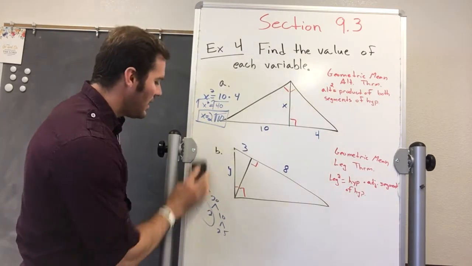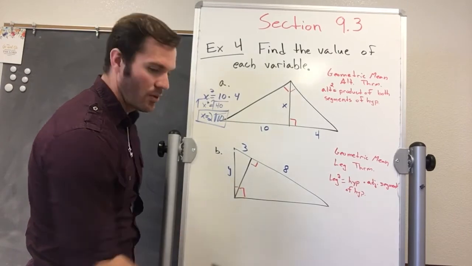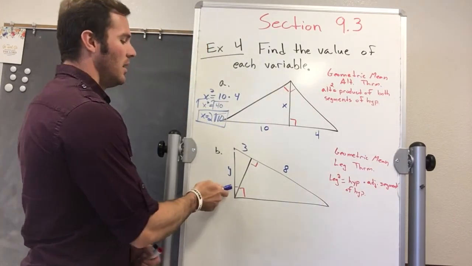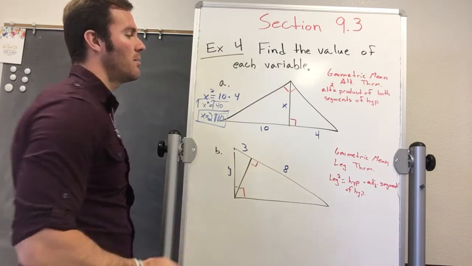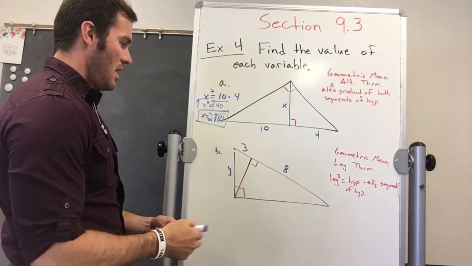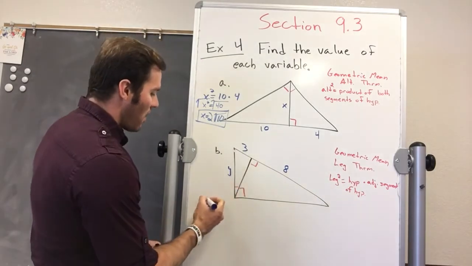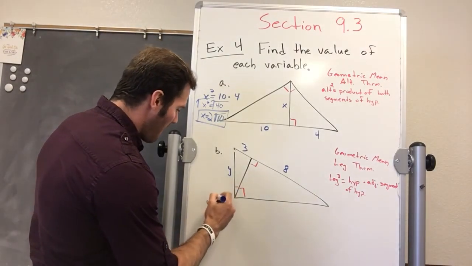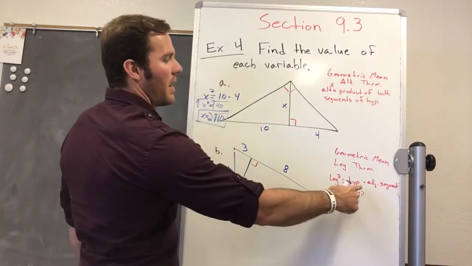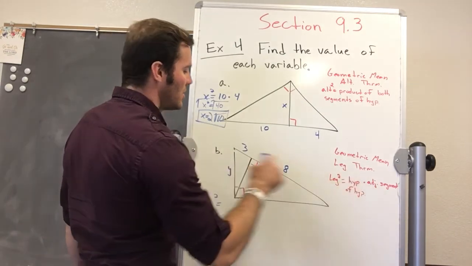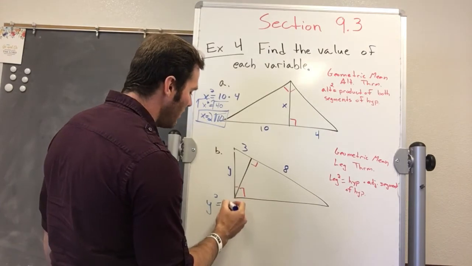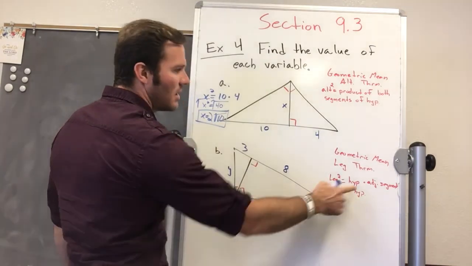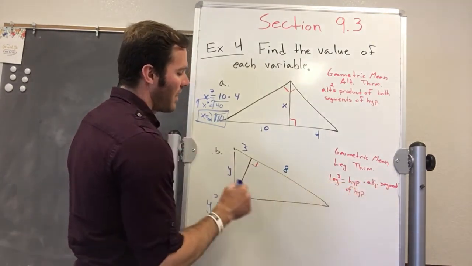Now, B, we're looking for y, which is a leg of a triangle. So I'm using the geometric mean leg theorem. So I'm going to have y squared equals the hypotenuse, which is this whole thing here, 3 and 8 is 11, times the adjacent segment of the hypotenuse.